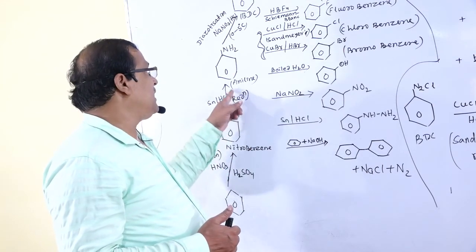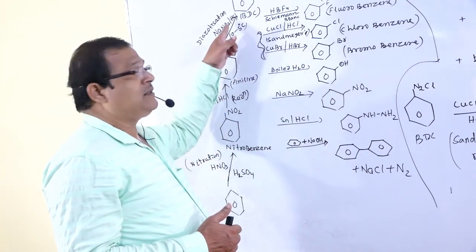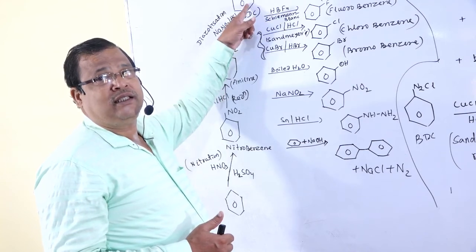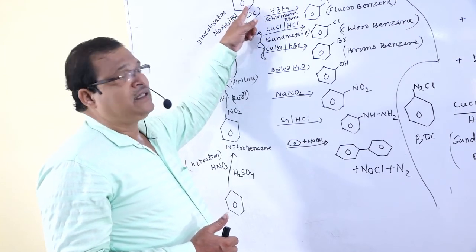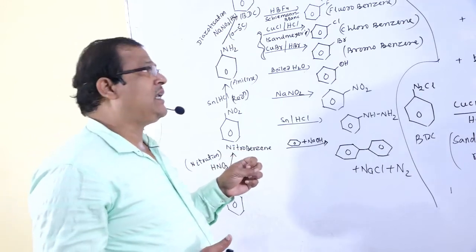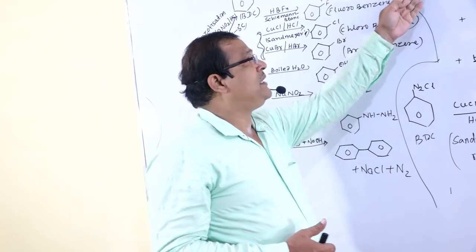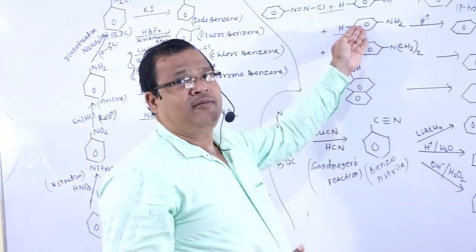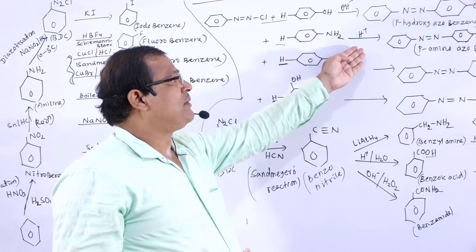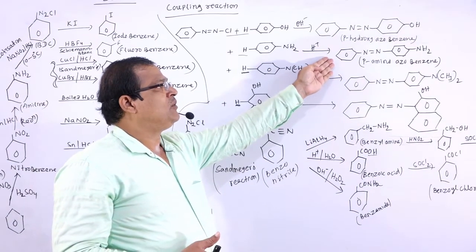Nitrobenzene, with tin and HCl, gives aniline. Aniline treated with NaNO2 and HCl gives BDC. BDC treated with aniline forms p-aminoazobenzene.